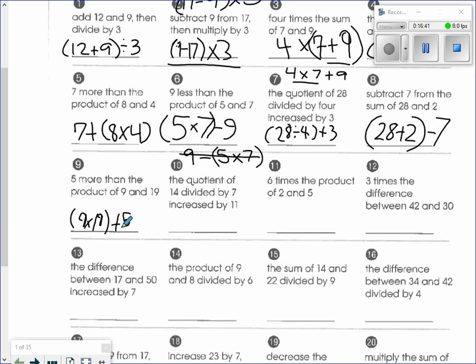So 9 times 19 plus 5. Good. The quotient of 14 divided by 7 increased by 11.